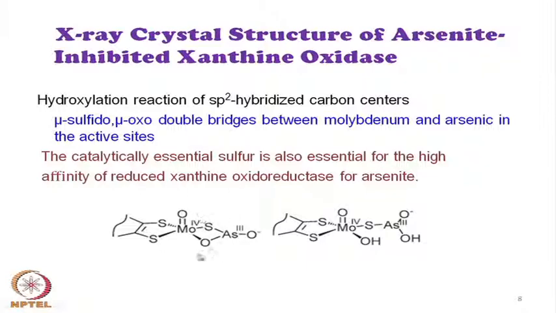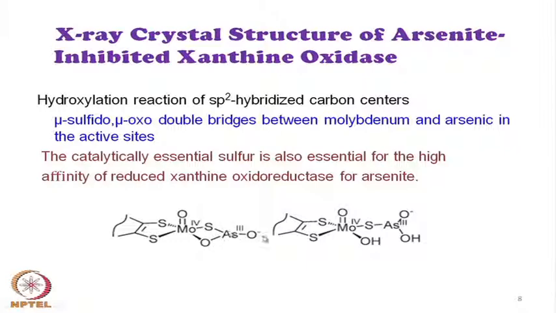So, already we know that molybdenum oxo and molybdenum sulfido terminal groups are present, and this was basically our water molecule. If we recall the corresponding active site of the enzyme, this was our water molecule, this is the corresponding oxo and this is the corresponding sulfur system.